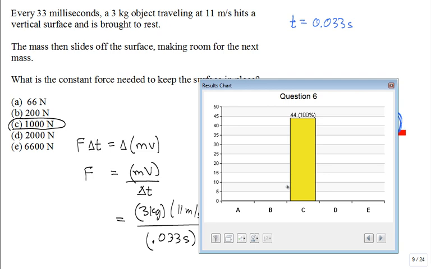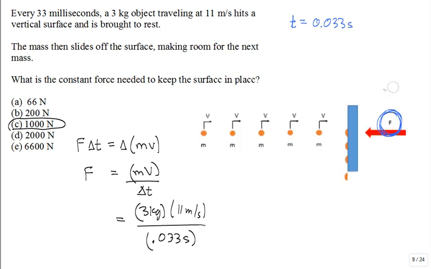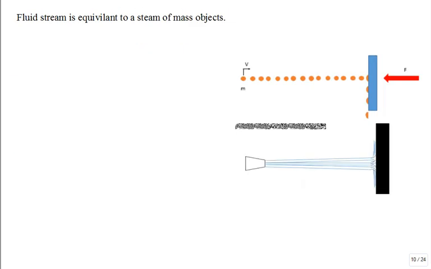If you give everybody 2 minutes, huh? Is that better? Why do we pick this form? Because it looks like a force is equal to the mass flow rate times the speed, isn't it? And now what's the difference between chunks of mass, discrete chunks of mass, something you're very familiar with coming out of dynamics, and a continuous stream of fluid? Not much. Yeah.